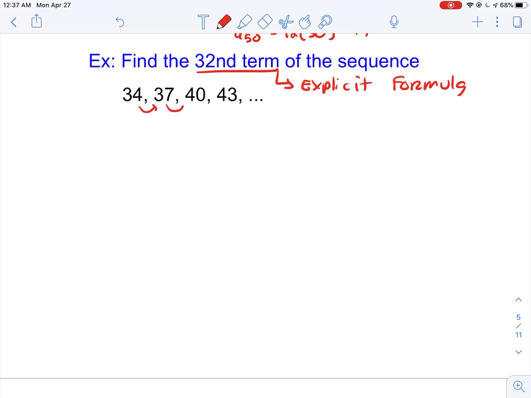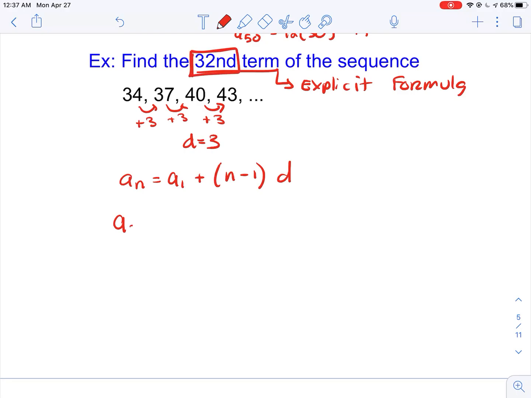Okay, so typically we wouldn't know whether this is arithmetic or geometric, so we'd see how we get from term to term. So this would be plus 3, plus 3. It's consistent. Okay, that means my common difference is 3. And I'm going to plug it into this formula. A sub n is equal to a1 plus n minus 1 times d. Okay, well, what is my n value? My n value is the term number, so that's a sub 32.